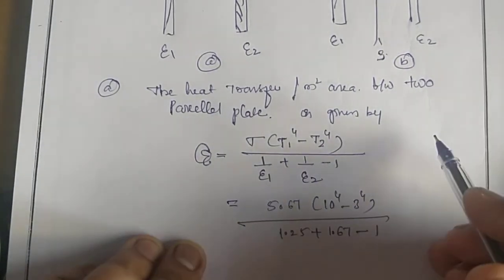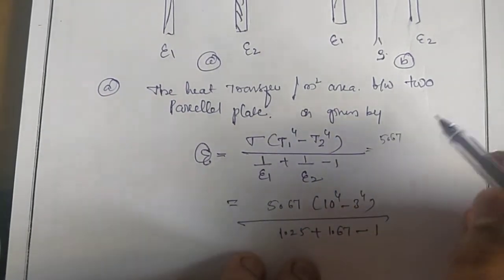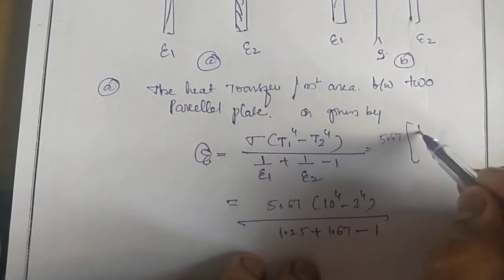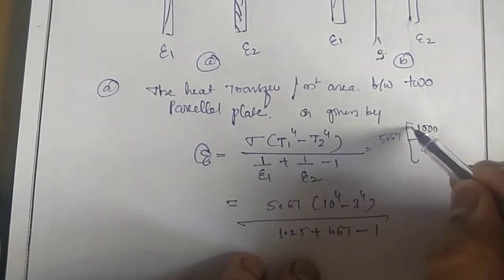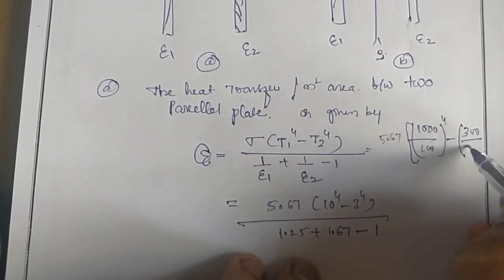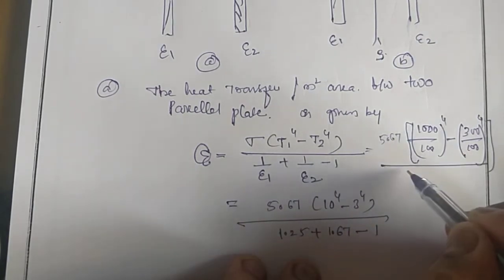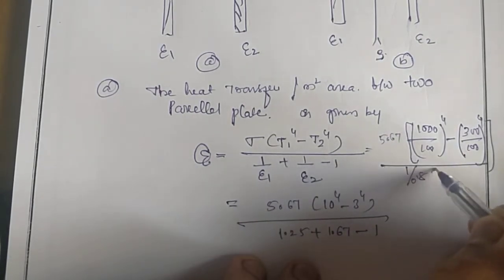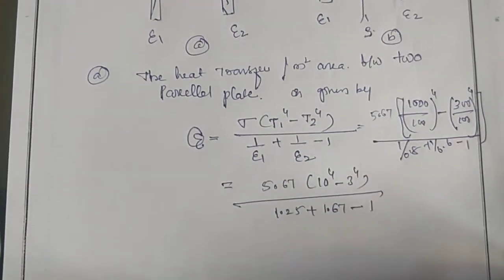You may ask how we got this. I'll tell you by example. This is 5.67, and you have to write Kelvin. In the denominator, (1000 by 100) to the power of 4 minus (300 by 100) to the power of 4, divided by 1 upon 0.8 plus 1 upon 0.6 minus 1, we'll get this value.